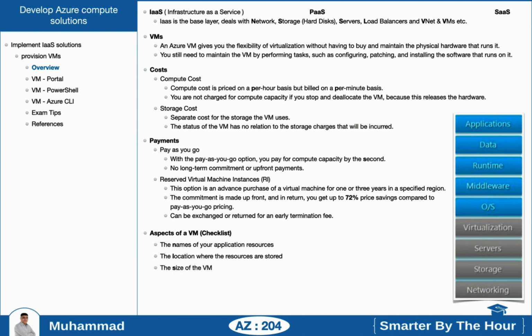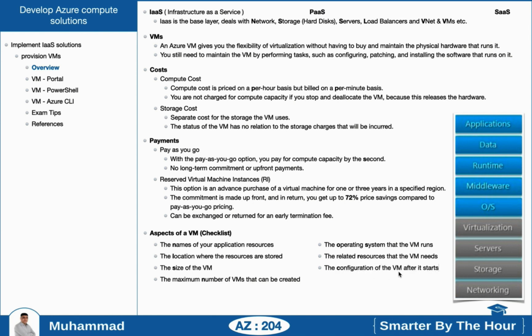The size of the VM, the maximum number of VMs, the operating system you will install on that VM, other resources like IP addresses, VNet, subnets, etc., and the configuration of the VM after it starts. So just keep in mind these points, but we will talk about them in later slides when we do the exercises.